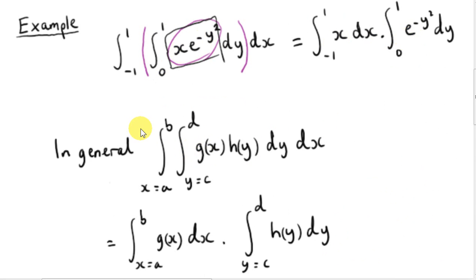So in general, if our function can be separated into a function of x times a function of y, where I'm calling the function of x g of x and the function of y h of y, then we have to evaluate two single integrals. We integrate the function of x with respect to x and multiply that by the integral of the function of y with respect to y.